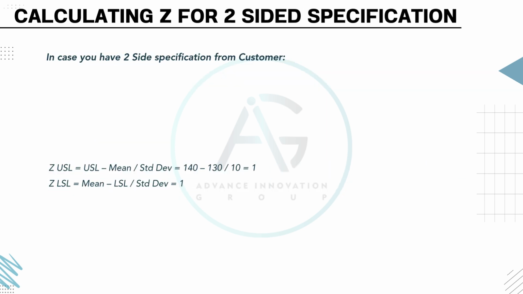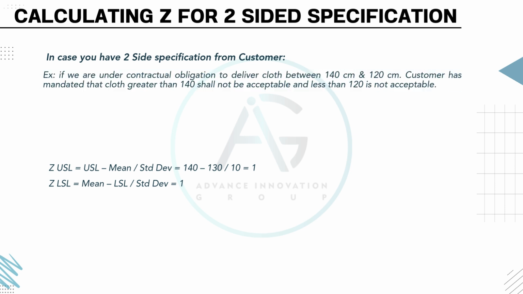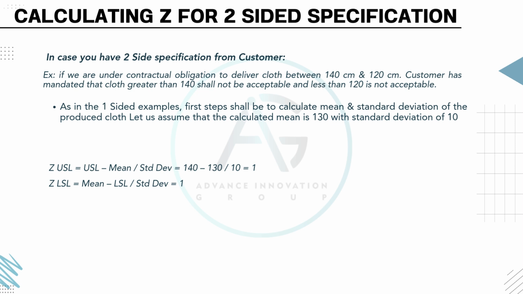Calculating Z for two-sided specification. In case you have two-sided specification from the customer, e.g., if we are under contractual obligation to deliver cloth between 140 centimeters and 120 centimeters, the customer has mandated that cloth greater than 140 shall not be acceptable, and less than 120 is not acceptable. As in the one-sided examples, the first step shall be to calculate the mean and standard deviation of the produced cloth. Let us assume that the calculated mean is 130 with standard deviation of 10.